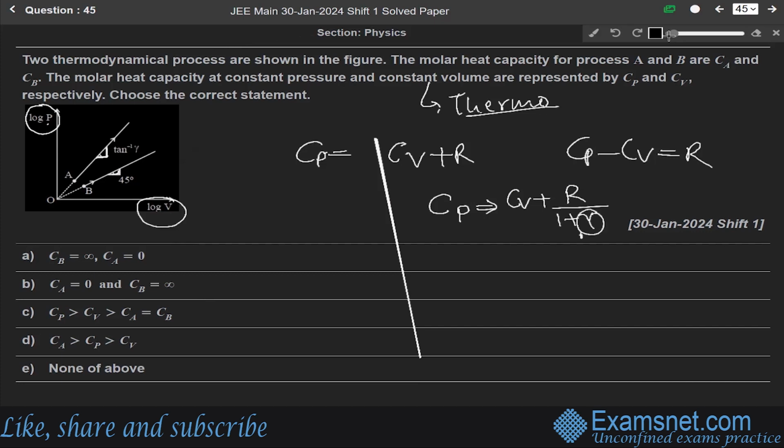This gamma we will find from the relation PV gamma equals constant. This is a famous relation.